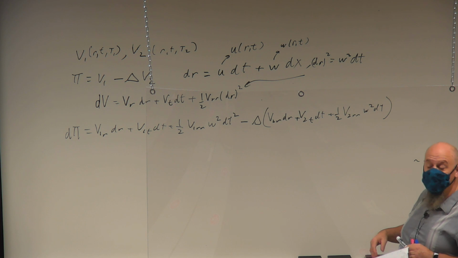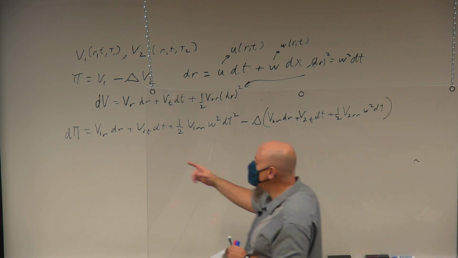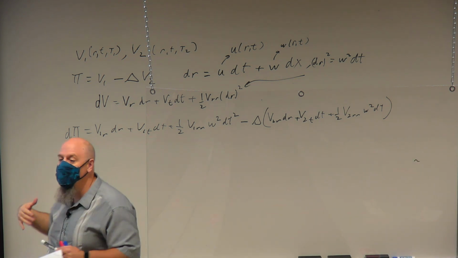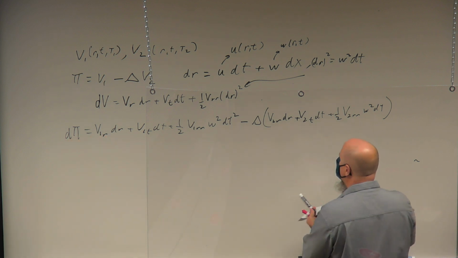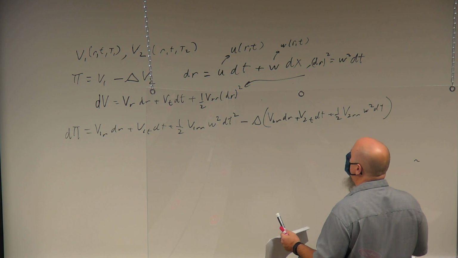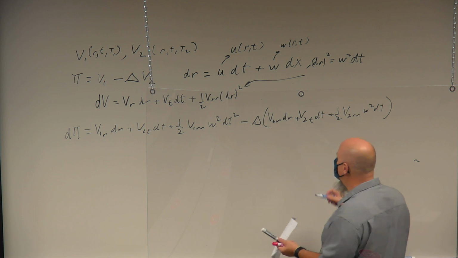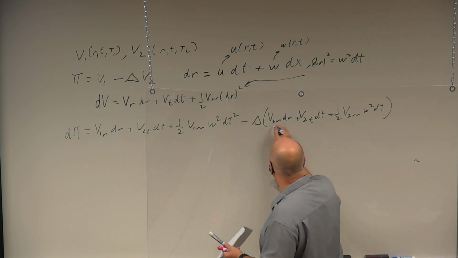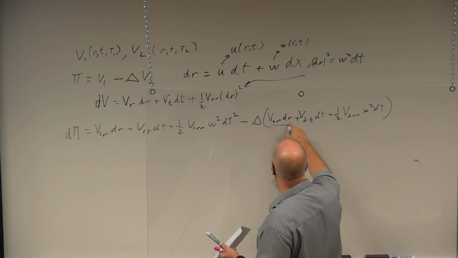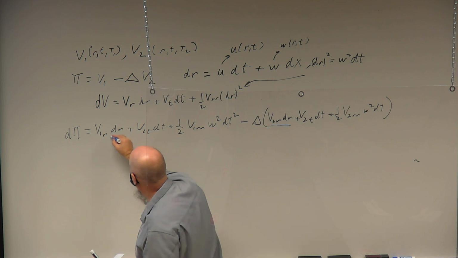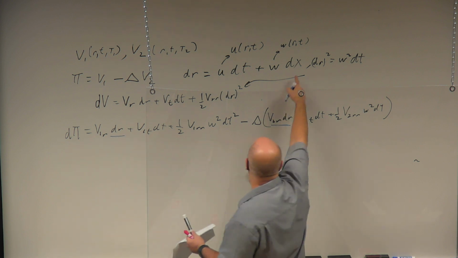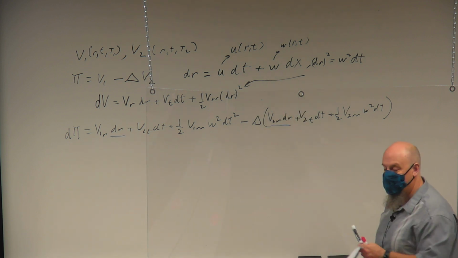And we want to hedge away risk. So I want this change in the portfolio to have no random parts in it. Well, the random parts are the parts where there's a dX left, where there's some randomness. This part is still random because it has a dr in it, and the dr has a dX in it. This part is random because it has a dr in it, and the dr has dX in it.